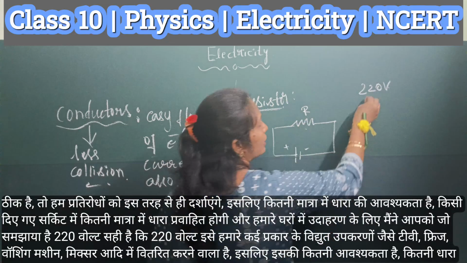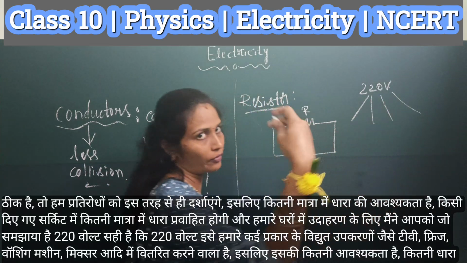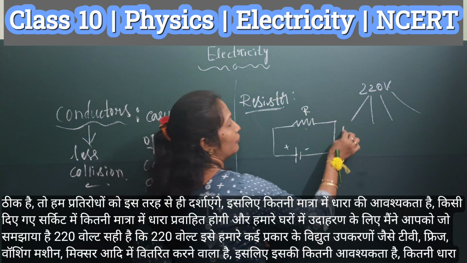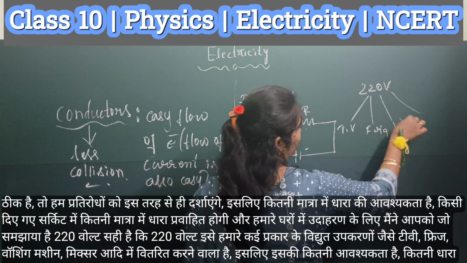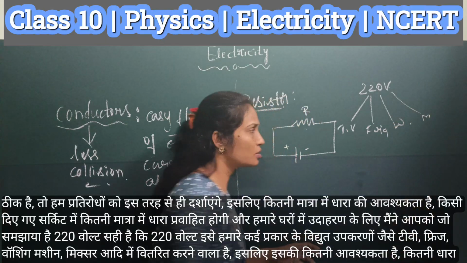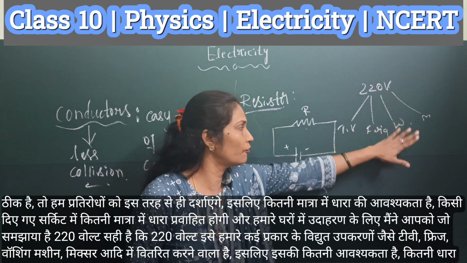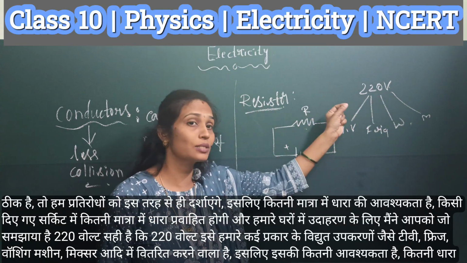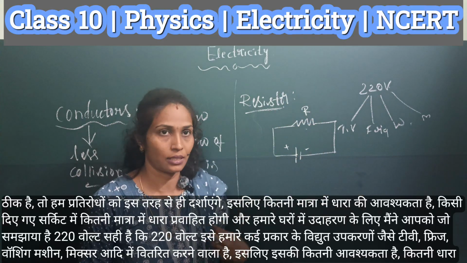That 220 volt is distributed to many electrical appliances like TV, fridge, washing machine, mixer and all. How much is required, that much current will flow. This happens only with the help of these resistors.